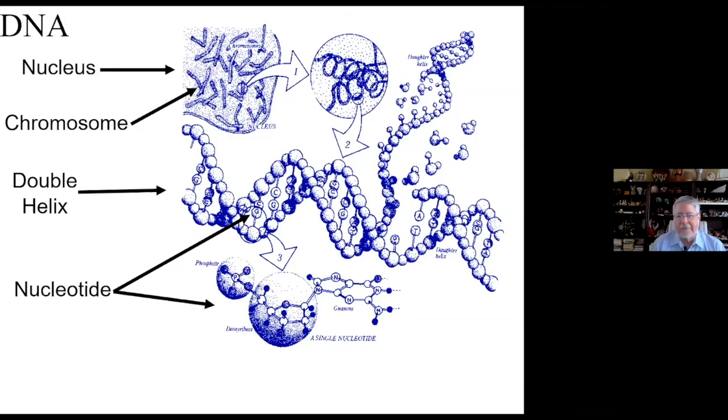Genes are composed of DNA. DNA is found in the nucleus in the form of chromosomes. Chromosomes are very large, long DNA molecules coated with proteins, so we can actually visualize them. They're big enough to see under a microscope. Within that chromosome is the DNA, in a double helix, shown in this slide.